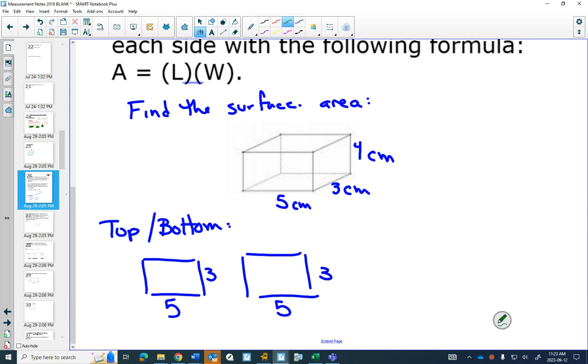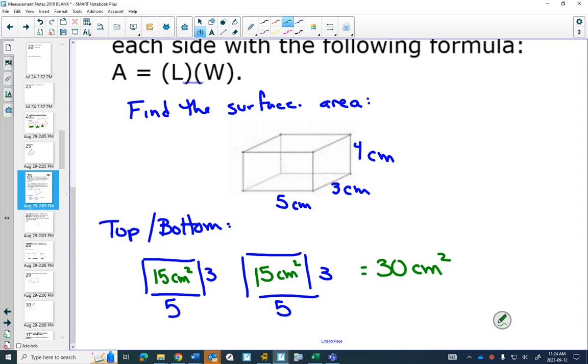In a different color, if I wanted to find the area of this one, 5 times 3, this will be 15 centimeters squared, 5 times 3, 15 centimeters squared. The total for the top and bottom is 30 centimeters squared. Some students will only draw one rectangle. Why?